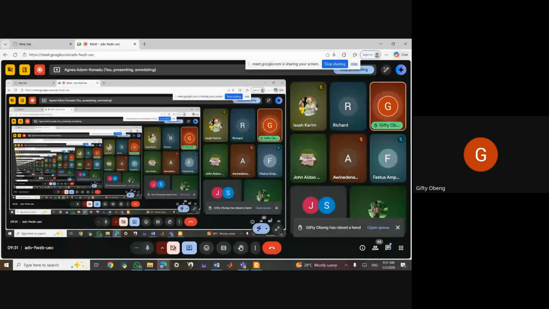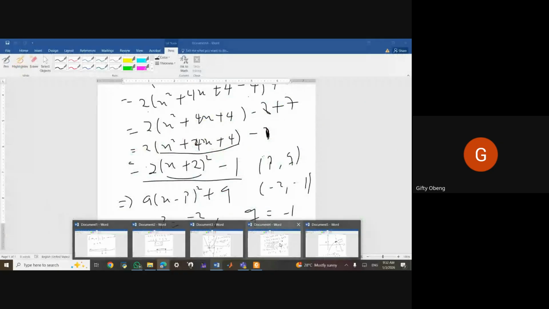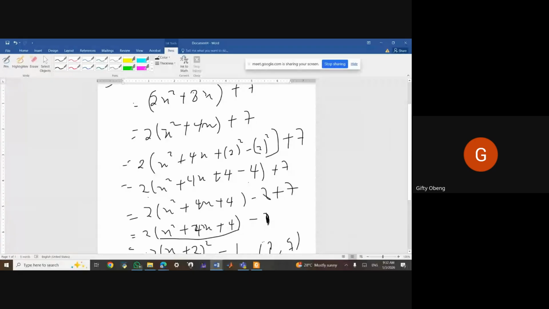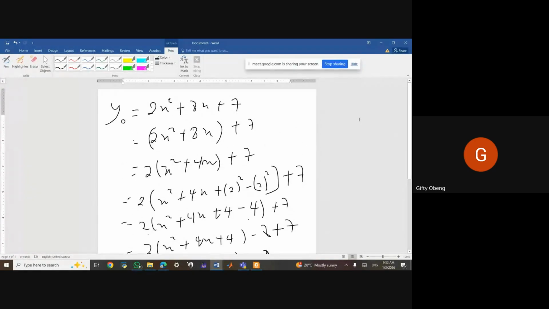For instance, for the first example that we did, we had 2x squared plus 8x plus 7. So you factorize the 2 out and then you divide it by the other numbers. So we are going to have x squared plus 4x plus 7 divided by 2, but I didn't see that one there.